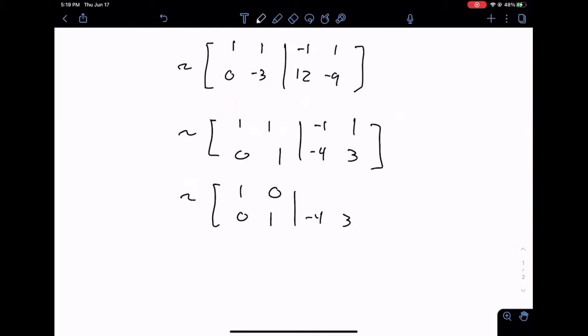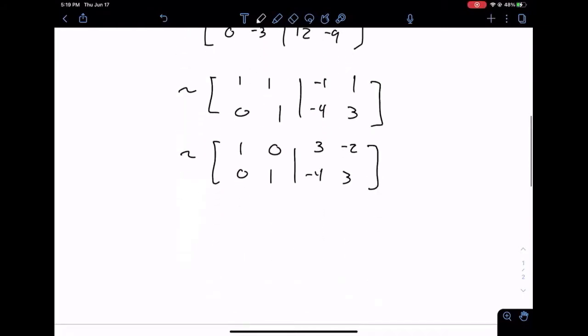I'm multiplying the bottom row by -1, adding it to the top row. Okay, I should get that. All right, so what do we have here? This right side should be the matrix I'm looking for. That should be the change of basis matrix from B to C.